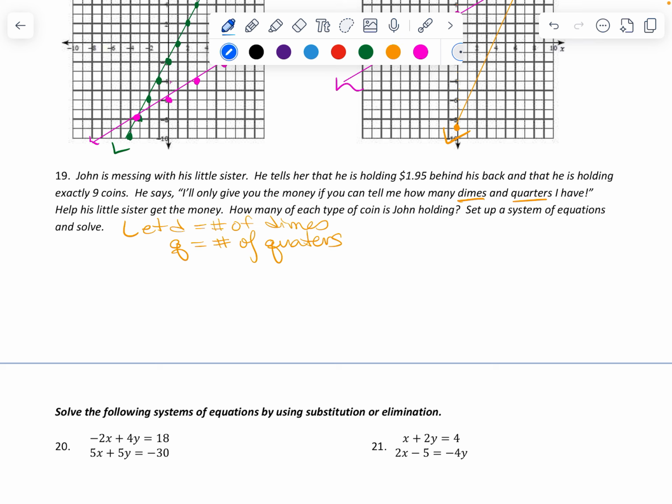Okay, so if we're talking about the number of them, he has exactly 9 coins. So D plus Q is equal to 9. Then the other one is going to be the money amount. He has $1.95. Well, how much is a dime worth? It's worth 10 cents.